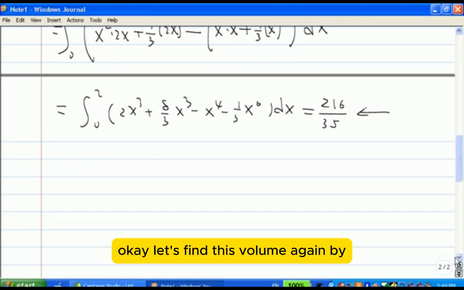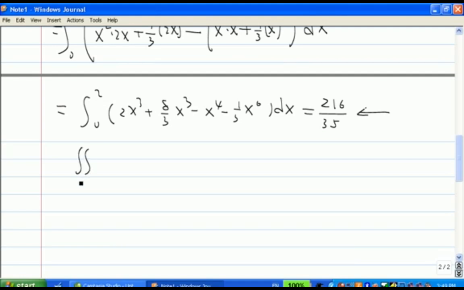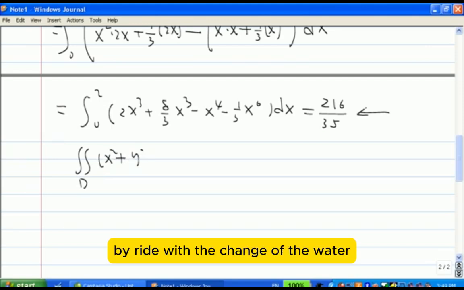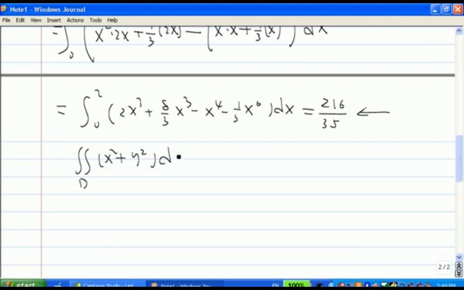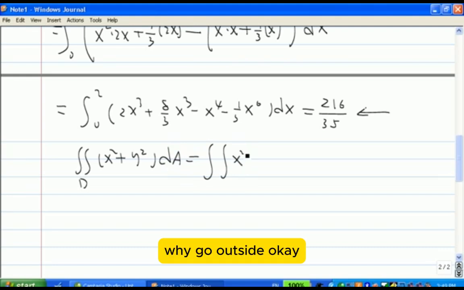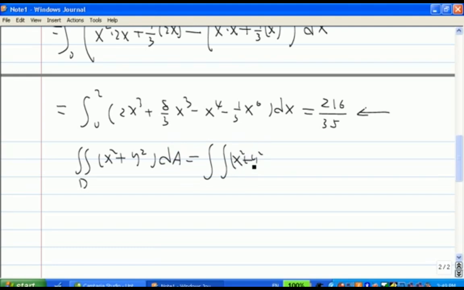Okay, let's find this volume again, this time by changing the order. This time y goes outside, dx dy.